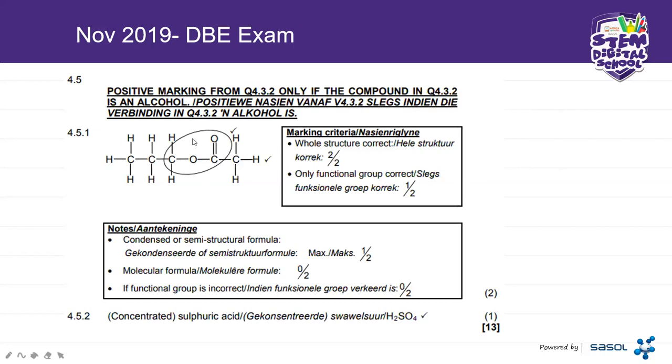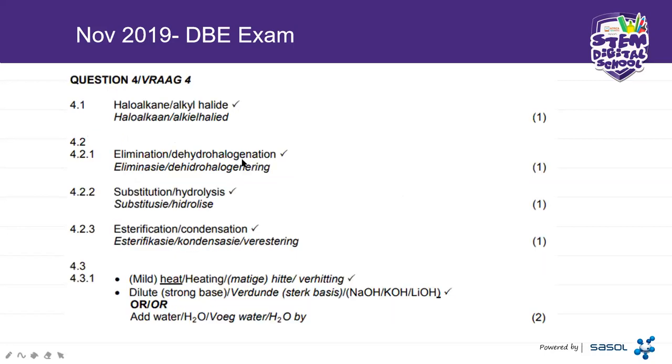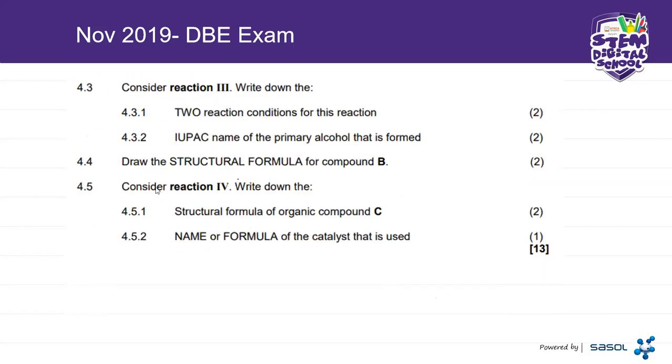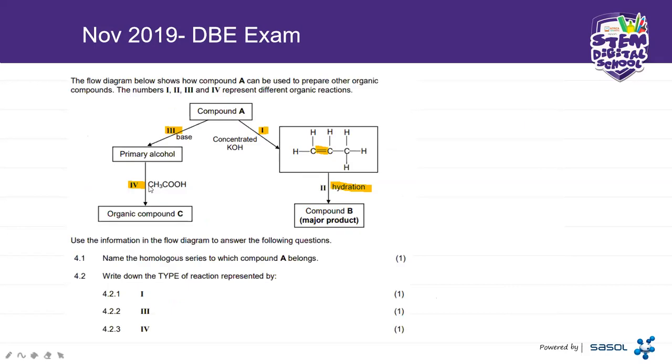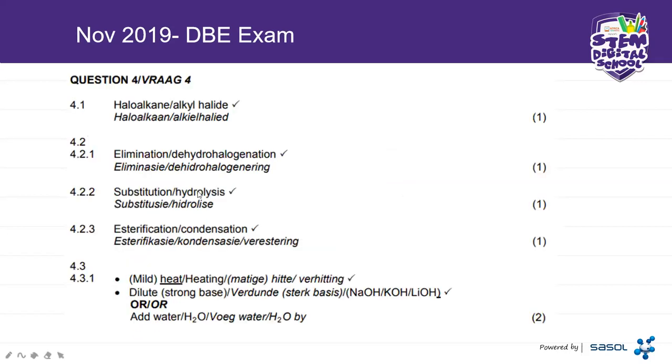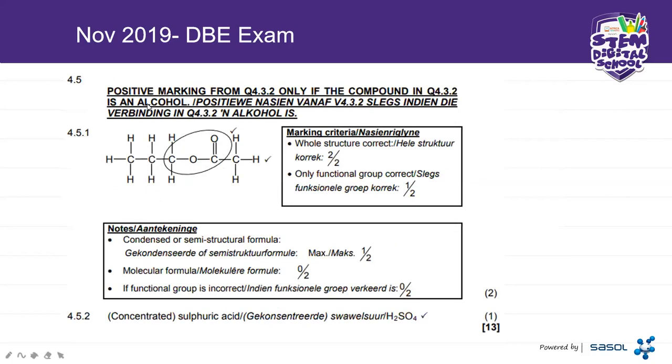So when it gets here, minus the H, and it becomes an O. So this is something like the esterification that took place here. We had propanol, our primary alcohol, and we added this one here, and this gave us our ester. Okay, so when you do the whole structure correct, this is what you get.